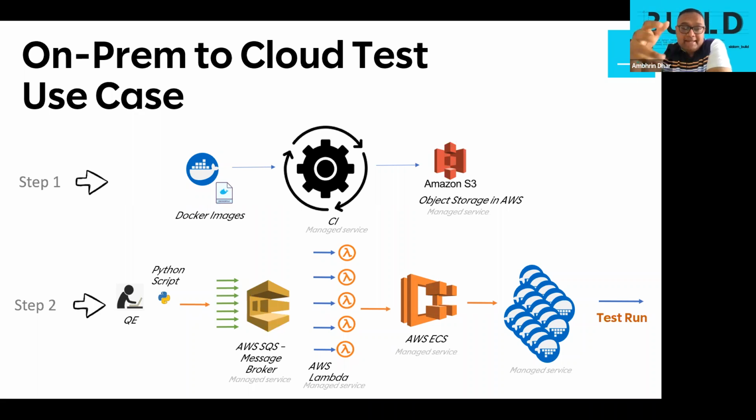The ECS picks up those messages and creates Docker instances. That's the cluster of Docker images that you see on the right of the screen. These Docker instances, which are ECS tasks, actually run the test against the application.